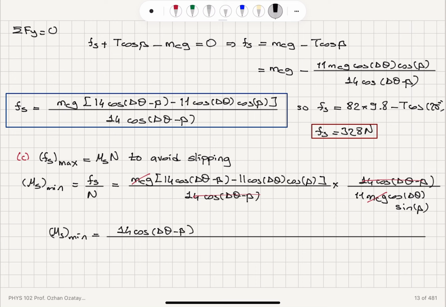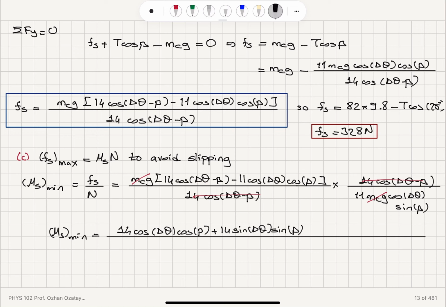So it is 14 cosine delta theta cosine beta, and then plus 14 sine delta theta sine beta. That is equal to cosine delta theta minus beta.